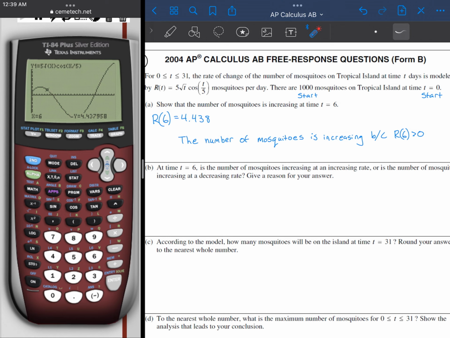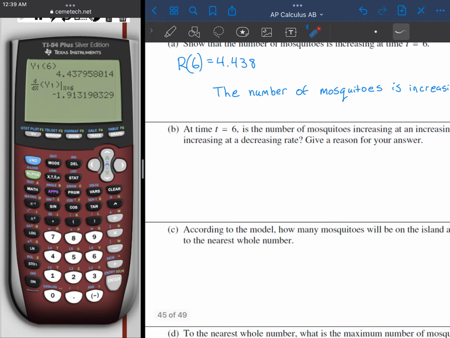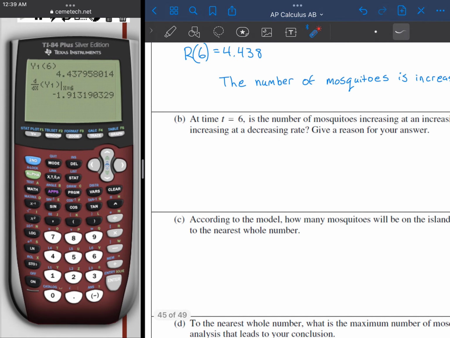But there's another more formal way to do it, and I'll show you that way as well. You can take the derivative of y1, so you can do a math 8, the derivative with respect to x of vars right, enter, enter, of y1 at that spot 6, and you should get a negative number, and indeed you do. However you want to do it, you just have to say that it's negative.